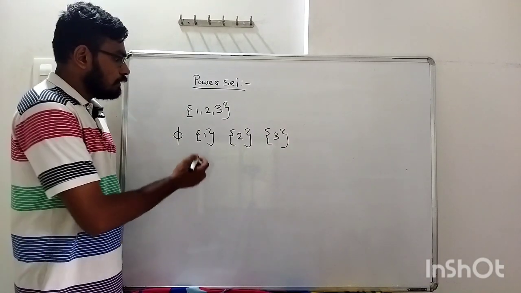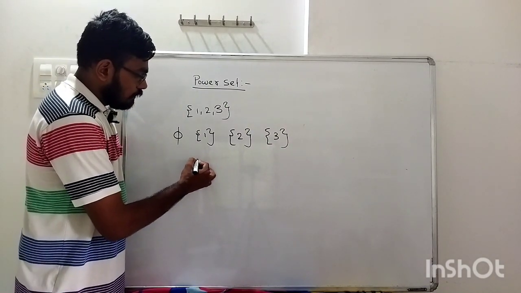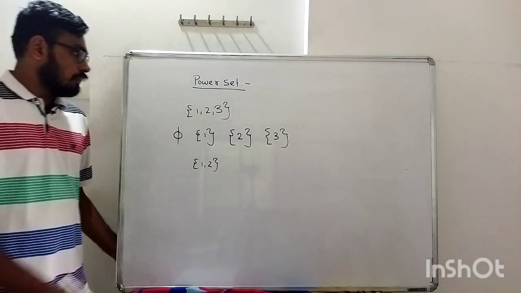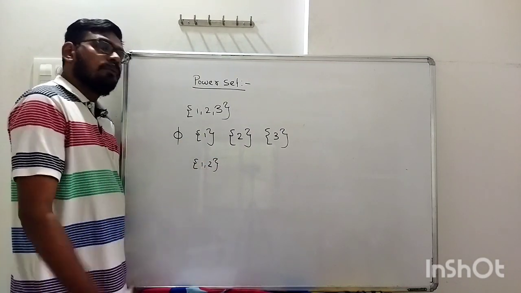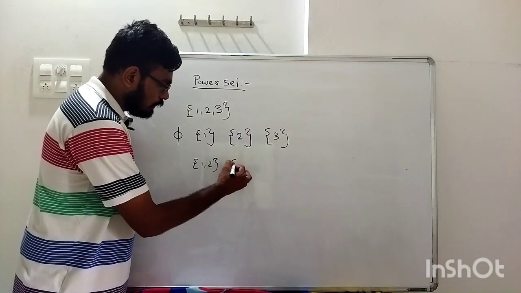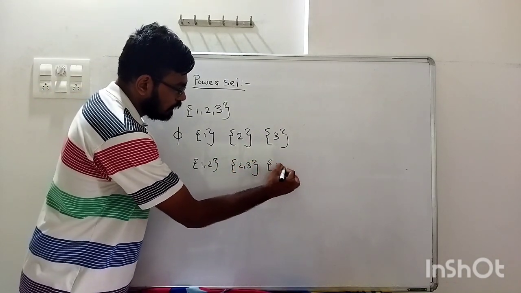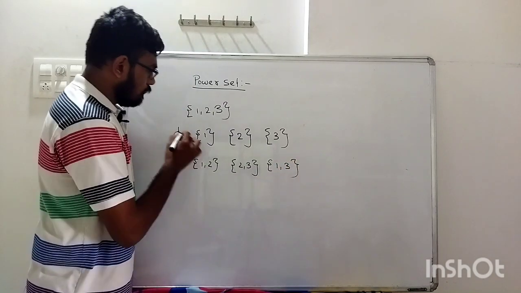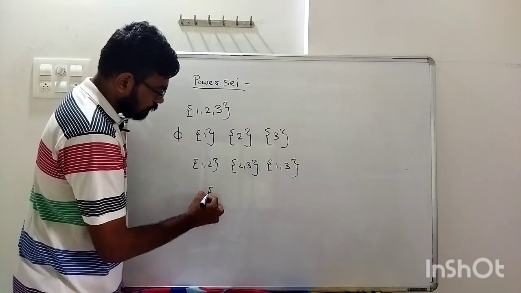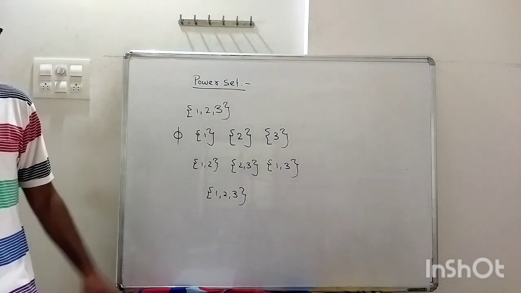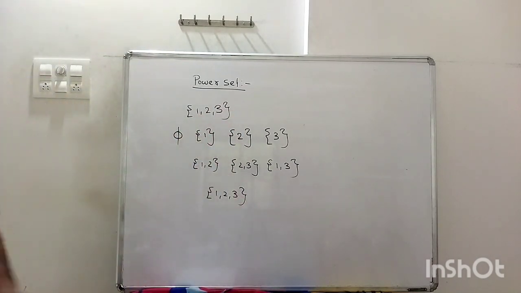Next, 1 comma 2, similarly 2 comma 3, similarly 1 comma 3, and the last thing, 1 2 3. So these are all the possible subsets of this set.